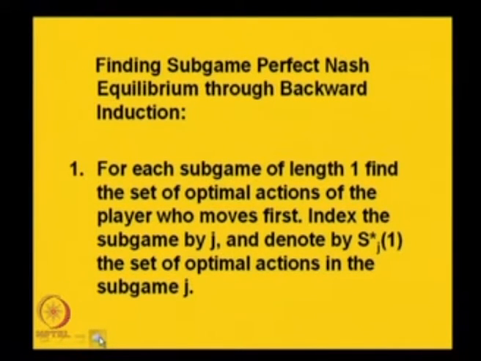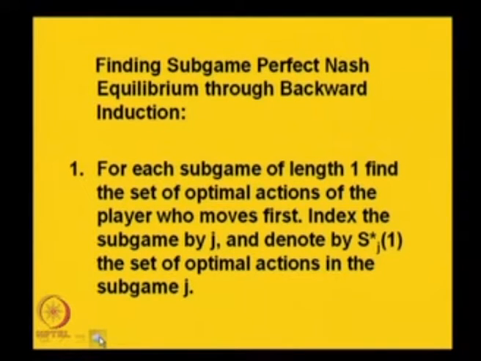There are some steps. First step, for each subgame of length 1, find the set of optimal actions of the player who moves first. So, at the beginning of the subgame, there is a player, and we have to find out what is his optimal action or optimal actions.